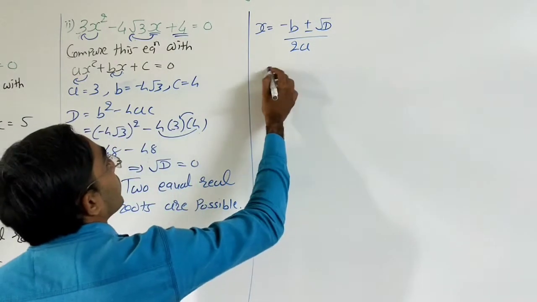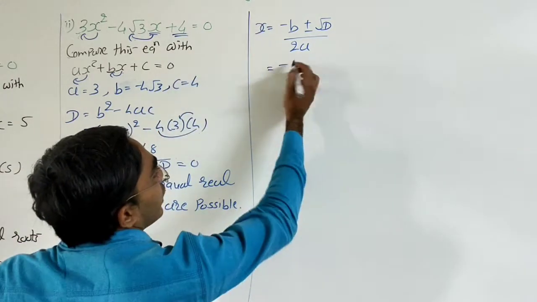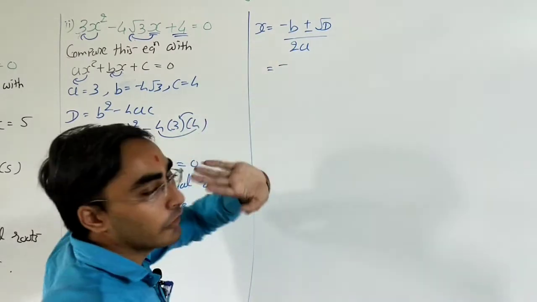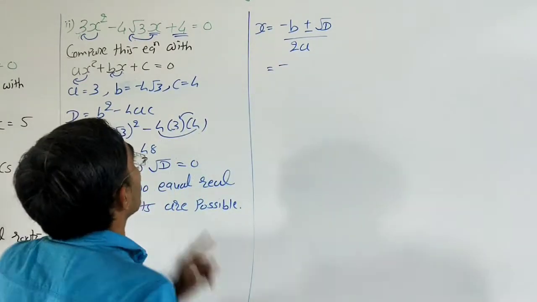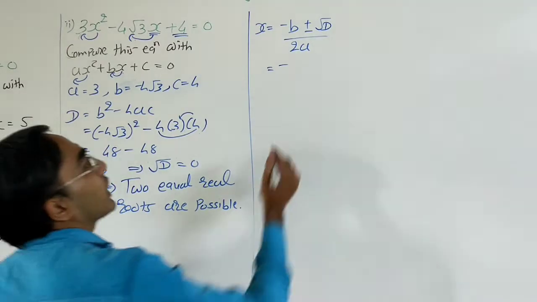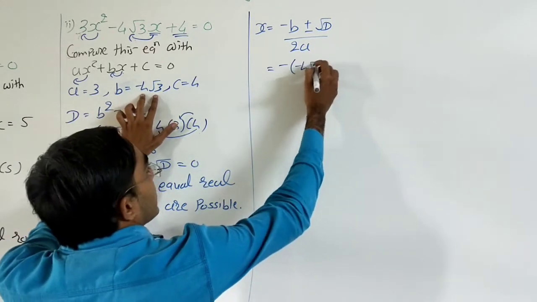Now put the values here. Here we have minus b. This minus sign is as per the formula. Now b itself is a negative number, so we need to write it in brackets: minus 4 under root 3.